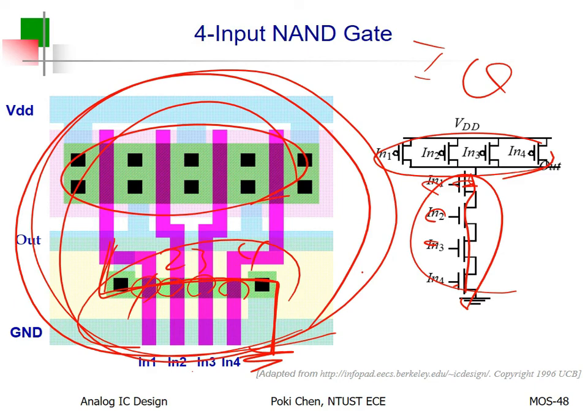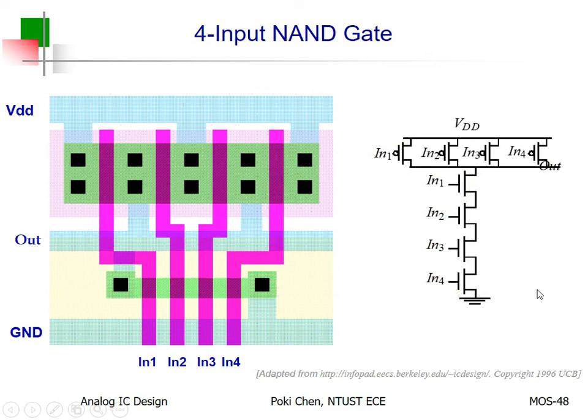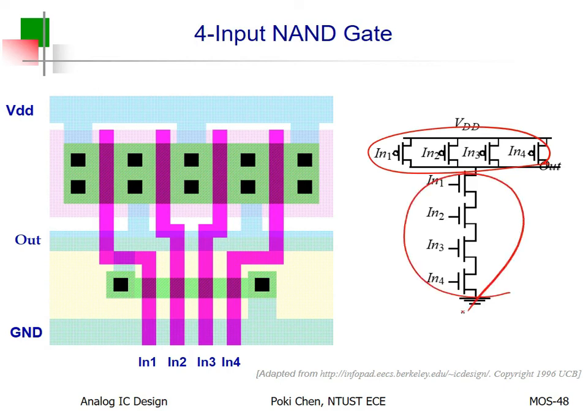Okay. Finally, before the end of the layout, I would like to highlight something for you. You can see for operation, all those 4 PMOS are in parallel, so they are symmetrical. Got it? However, how about N1 to N4?